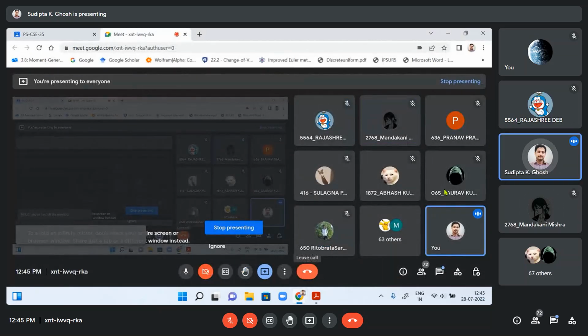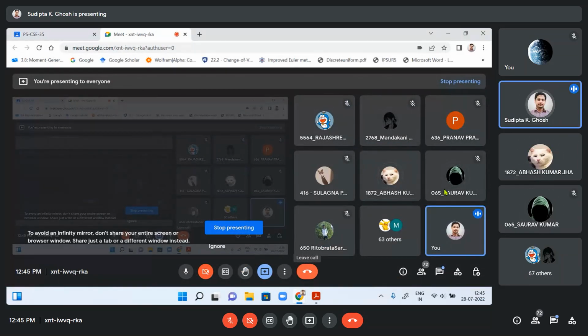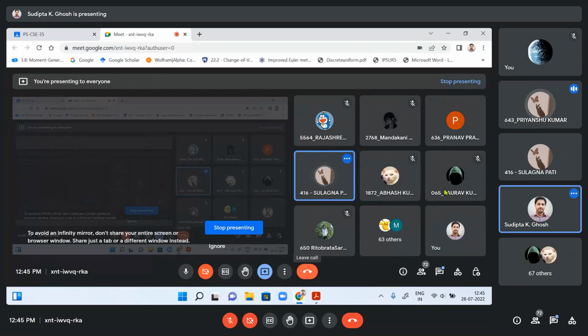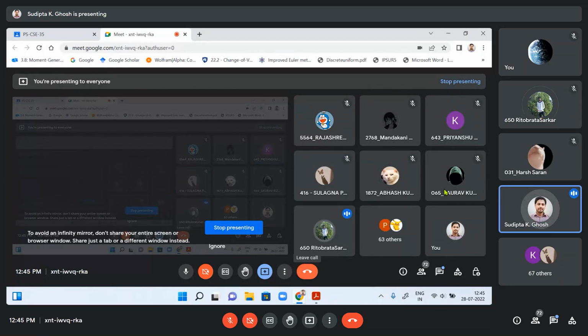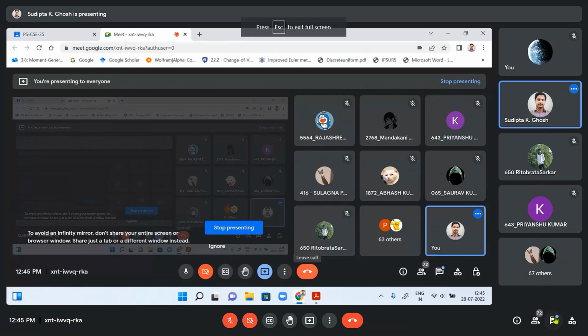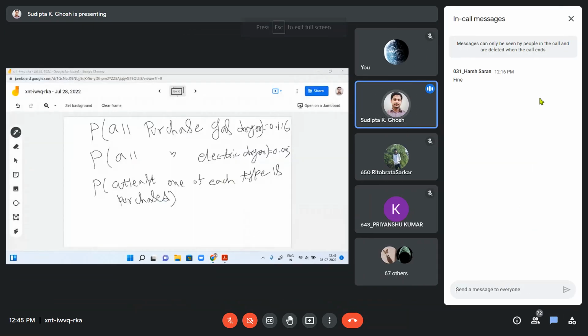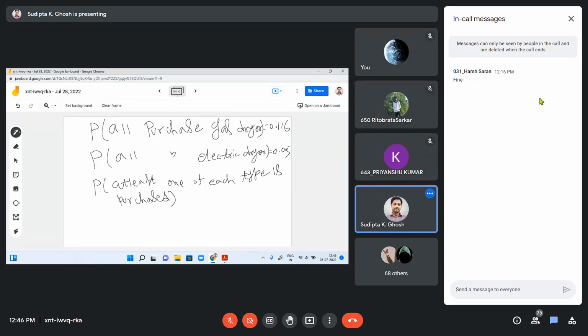So at least one of each type is purchased is the complement event of all purchased gas type and all purchased electric type.